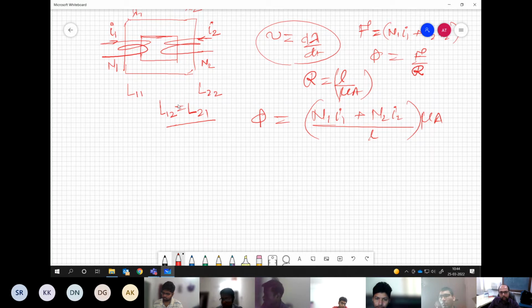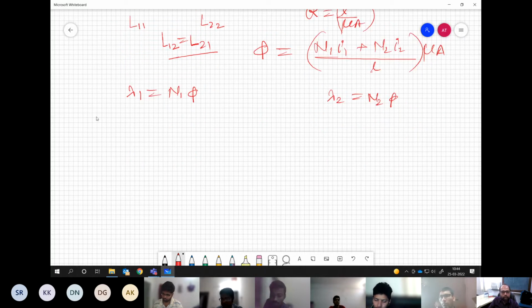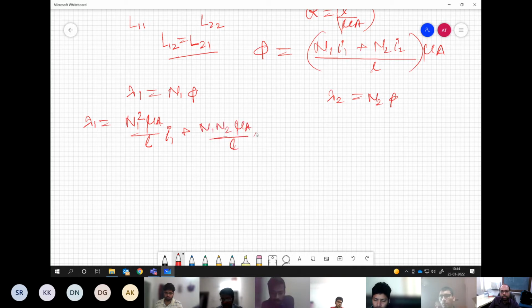Now, each coil will have flux linkage according to its number of turns. So, for example, coil 1 will have flux linkage N1 times phi, whereas coil 2 will have N2 times phi. Now, if you simply expand this, you will find lambda 1 turns out to be N1 square mu A by L times I1 plus N1 N2 mu A by L times I2.